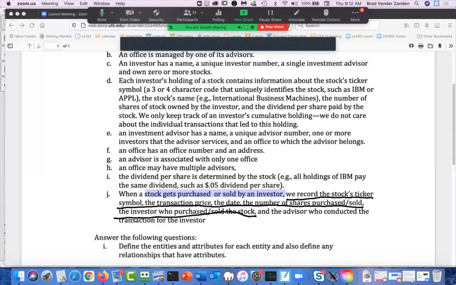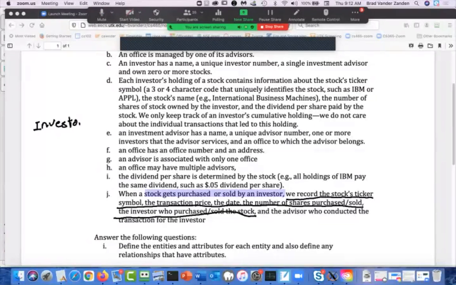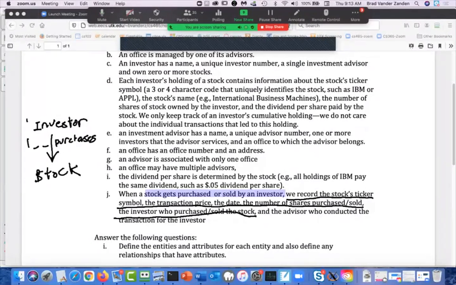So right now it looks like we're dealing with a stock or an investor purchases stock, and this relationship has some attributes associated with it that include the date, number of shares, and price.